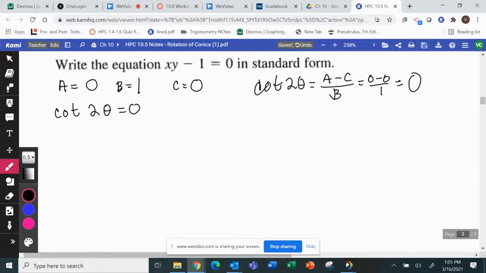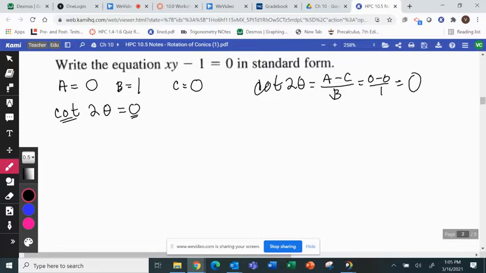So now I'm going to solve for theta by first thinking about where is cotangent equal to 0? If you have an answer, please speak up. Otherwise, this is going to take forever. Oh, 0 and 180. No. Yeah, it's 90 and 270. Now, we do not need two answers. We only need one of them.